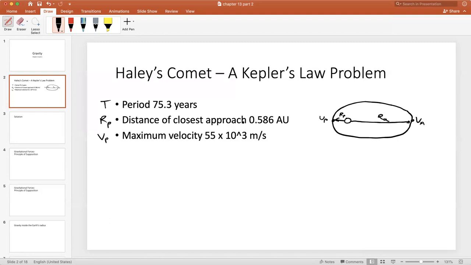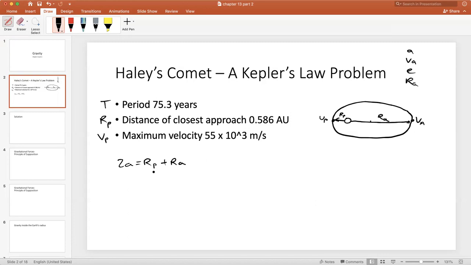Okay? All right. So if we go back and remember, Kepler's first law was that objects orbited in ellipses, and that gave us the following equations. If this is some center, this is A, so 2A was equal to RP plus RA. And I should say that we are looking for A, VA, E, and RA. Okay. All right.